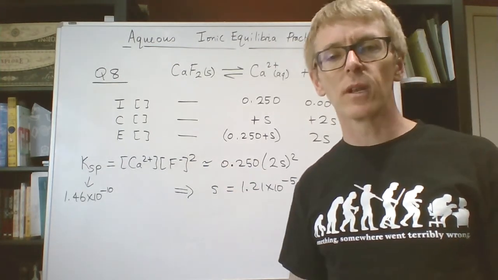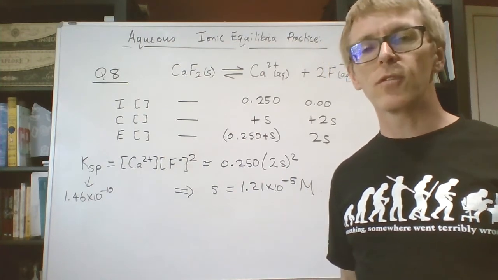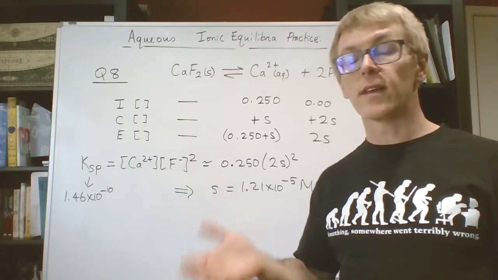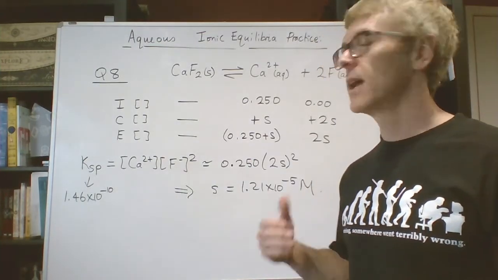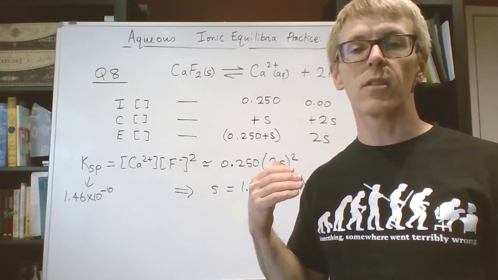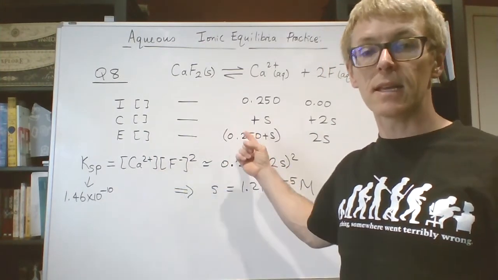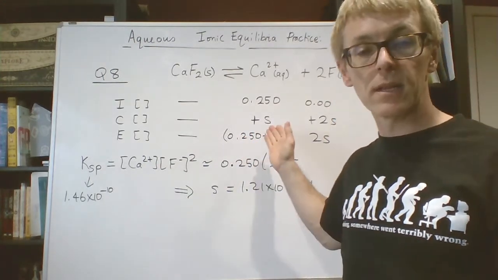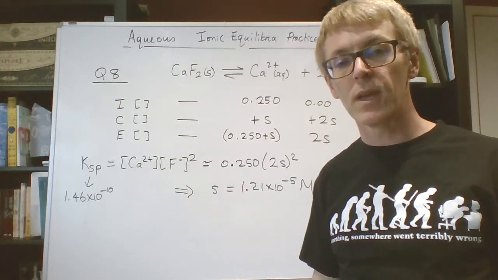And then finally, we looked at solubility product constant type questions. They come in 3 flavors, I guess, or rather 1 flavor with 3 potential sub-questions they can ask you. You're either going to be provided with the solubility product constant KSP, and asked to calculate the solubility S, or vice versa, you're given the solubility S, you're asked to back calculate the solubility product constant KSP.